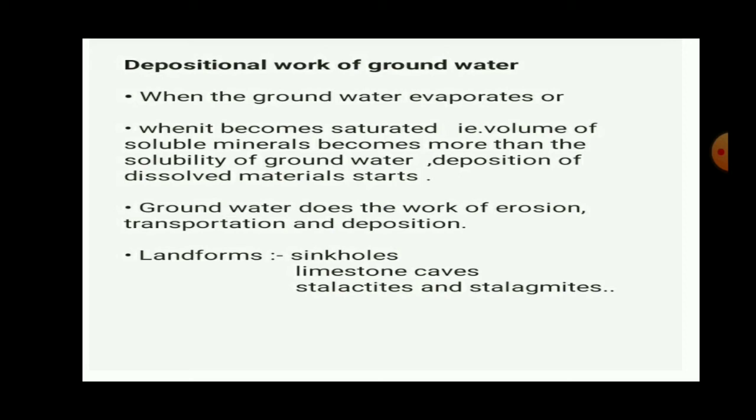Now when the water gets saturated, it will start depositing those minerals. And groundwater, as we have seen, does the work of erosion, transportation and deposition. Different landforms which are formed because of the depositional work of groundwater are sinkholes, limestone caves, stalactites and stalagmites.